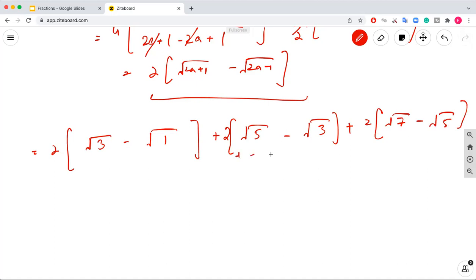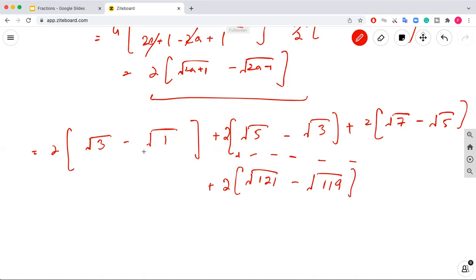So just proceed this way. If you see closely, this and this are cancelling, this and this are cancelling, right? It will keep on until the last. Last one is 60. So for 60, what will be the value? Square root of 121 minus square root of 119.